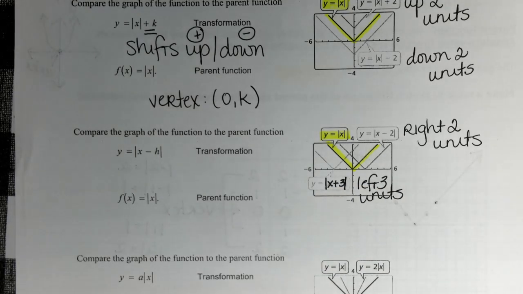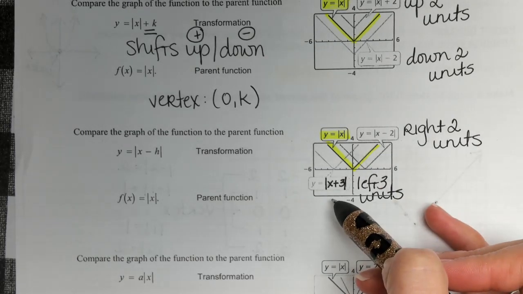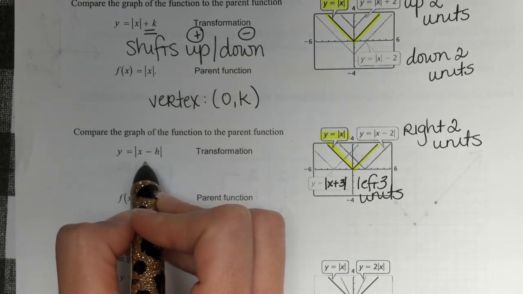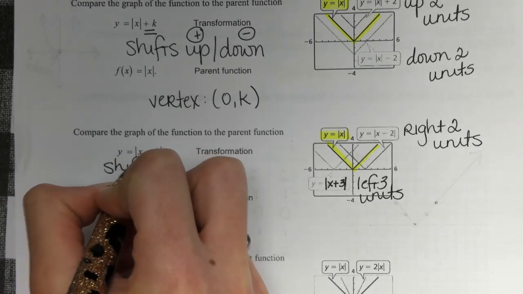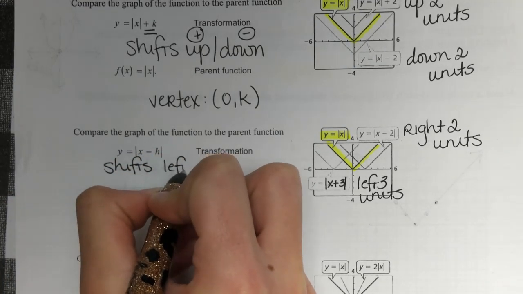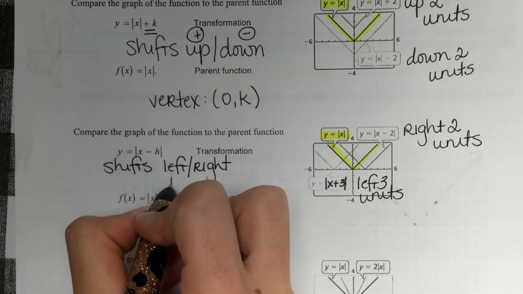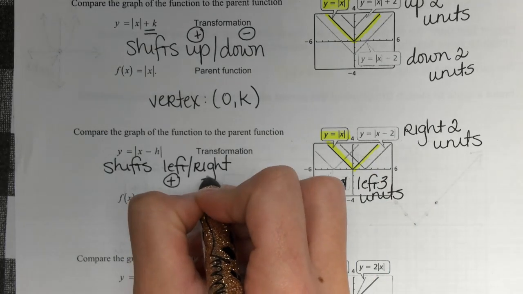So I just said on the page before this, anything that's with your x inside your bars is the opposite sign, right? The x value is the opposite sign. So the same thing happens with your transformations. If you have something added or subtracted inside the bars with x, then that's going to shift it left or right. If it's positive, it's going left. If it's negative, it's going right.